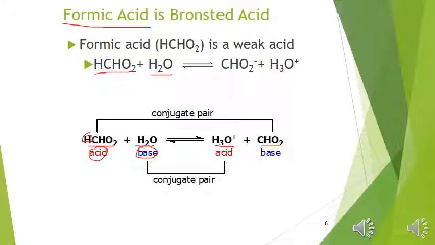Now, if you notice this double arrow here, and we're going to talk about it in a little more detail in a minute, the reaction can actually go back in the other direction. Up to this point, every single chemical reaction that we saw always went left to right.